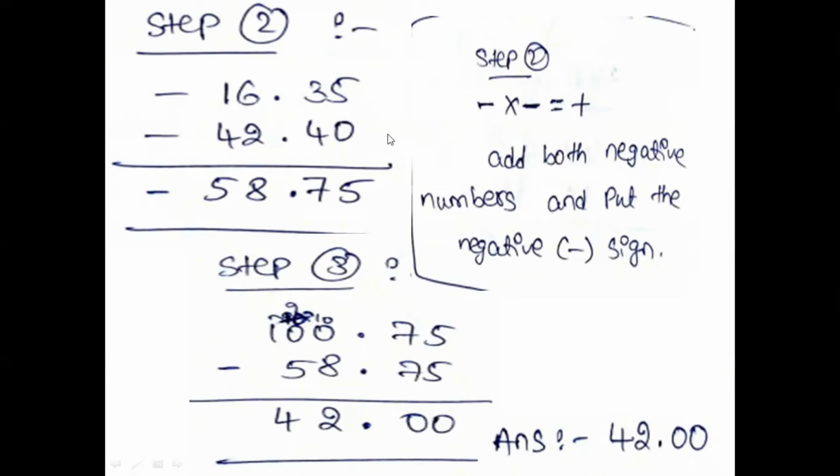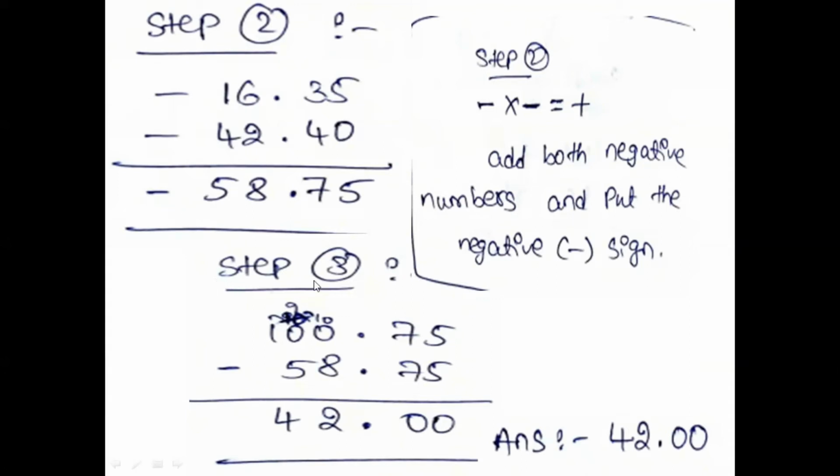Then we should keep the negative sign. 5 plus 0, 5. 3 plus 4, 7. 6 plus 2, 8. 1 plus 4, 5. Decimal point as it is. Now put the minus sign.